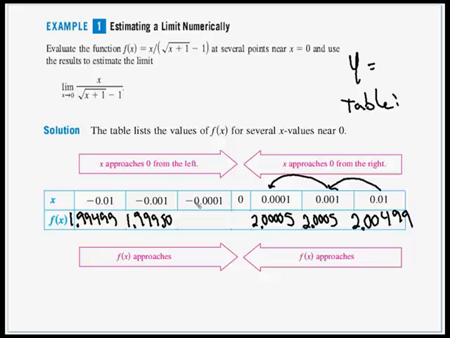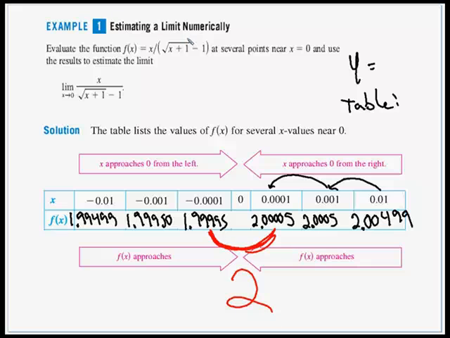The last one here, I get 1.999995. And again, the ones really close to 0 are the ones we're interested in. What number is right in between these two values, 1.99995 and 2.00005? Right in between there, it looks like we're approaching 2.